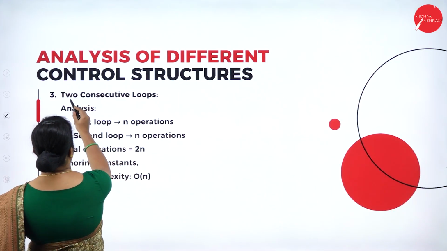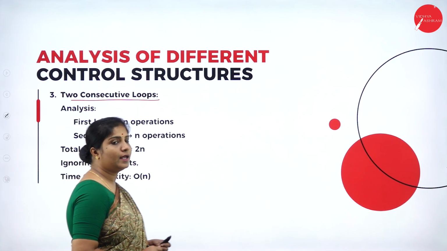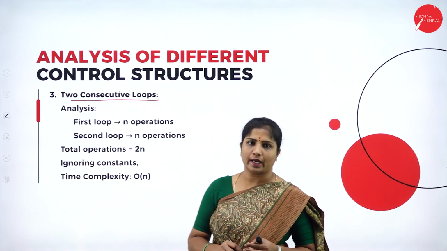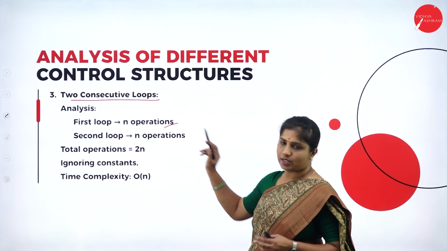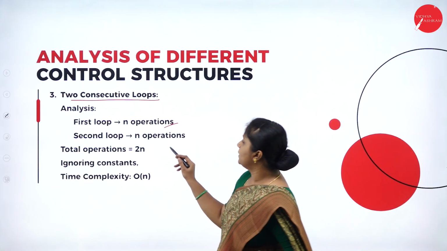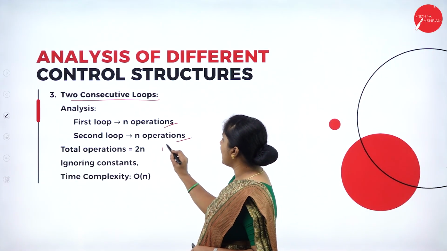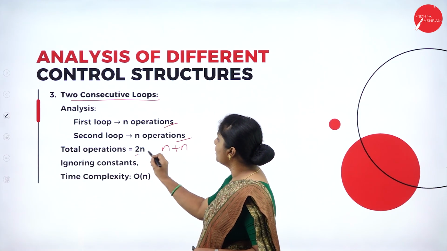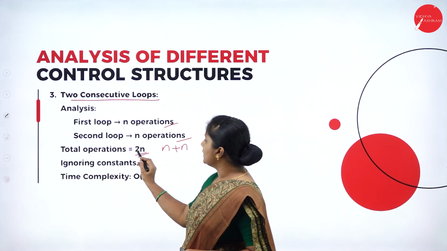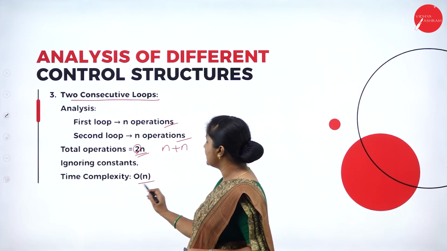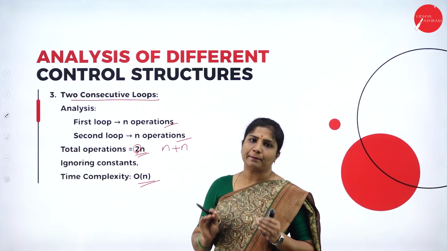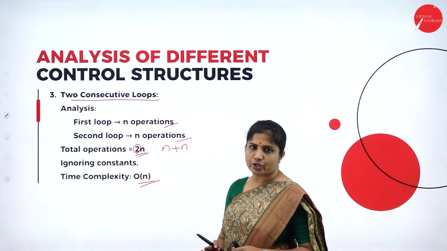Next, we have two consecutive loops. The first loop executes n operations exactly, and the second loop also executes n operations. Hence n plus n equals 2n. Ignoring the constant 2, the time complexity will be big O of n. Understood?